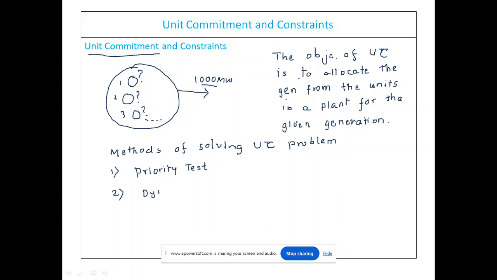Then dynamic programming, then we have the Lagrangian multiplier method.